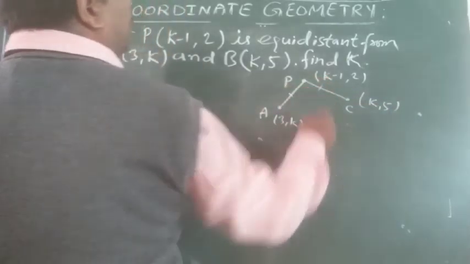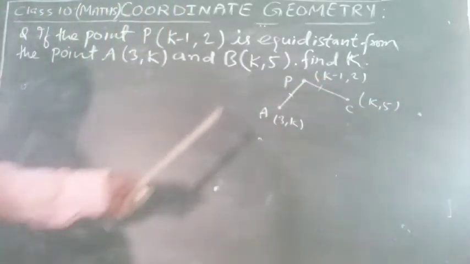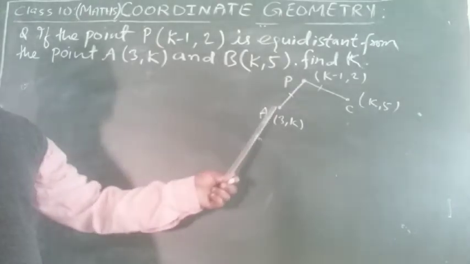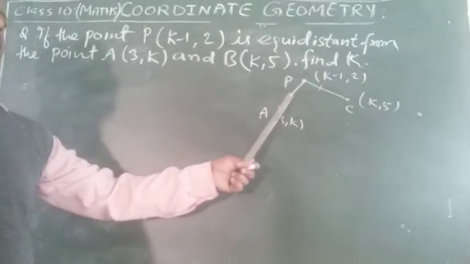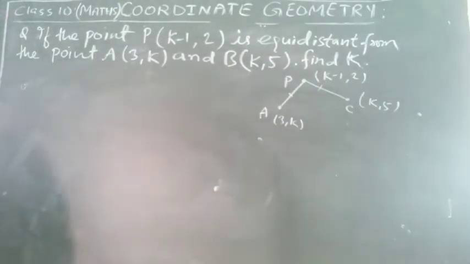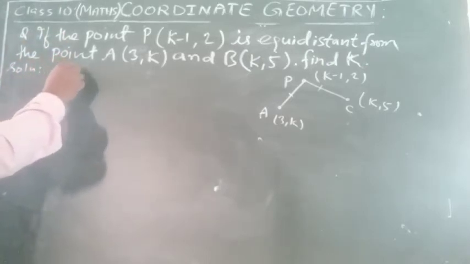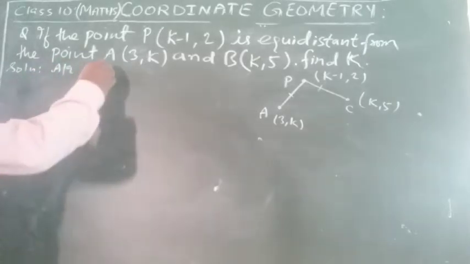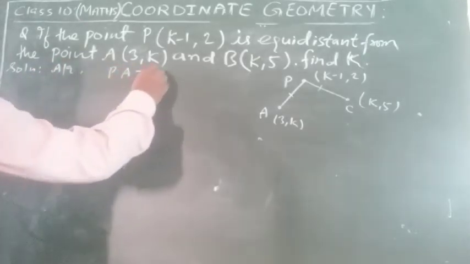According to this, the distances are same. If the distance of P from A and B are same, PA equals PB, and we have to calculate for k. So look at this. The solution, according to the question, PA equals PB.